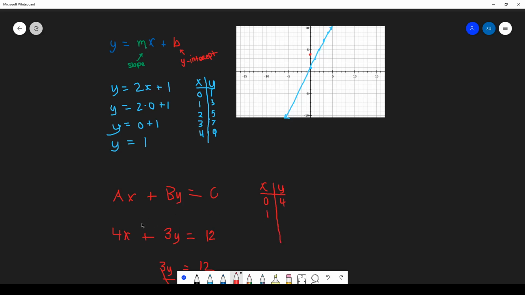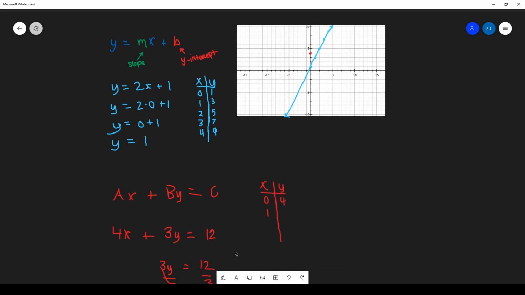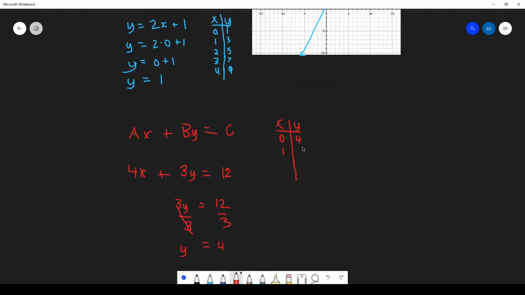When I have a standard equation, I like to usually convert it to slope-intercept form. But if I didn't, I would just do the solving in my head. So when x equals 1, 4 times 1 is 4. Subtract 4 from both sides, and you would get 3y equals 8. And then divide by 3 on both sides, and you would get 8/3 for the y value. So very weird number.